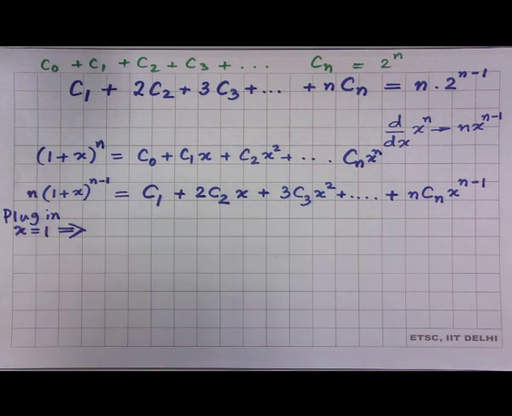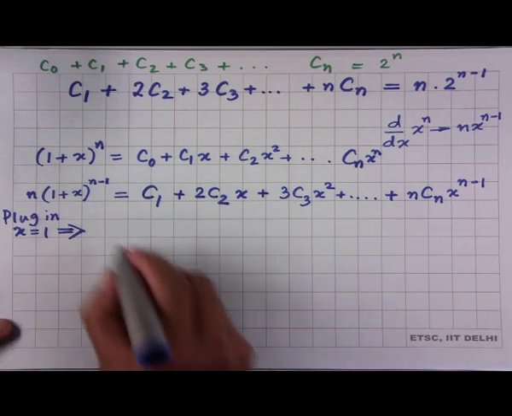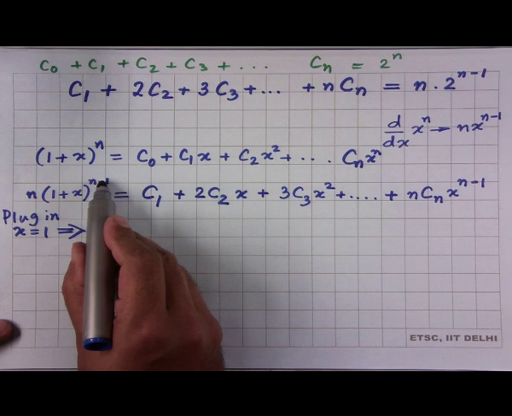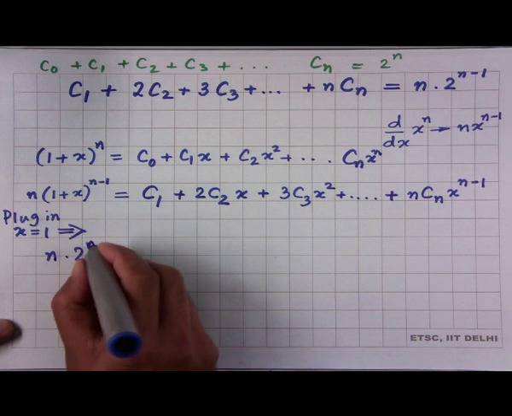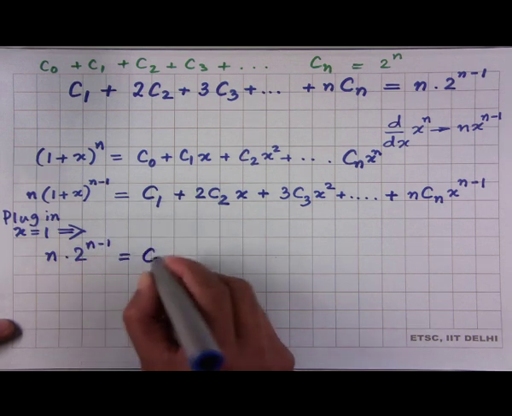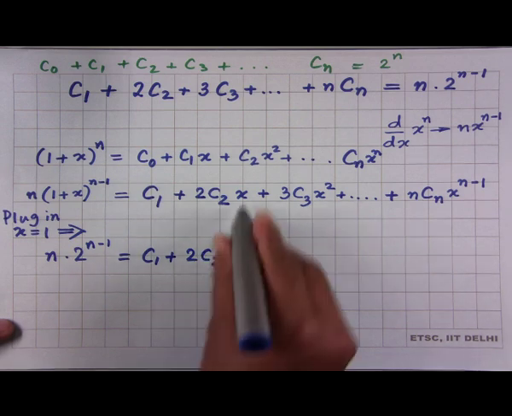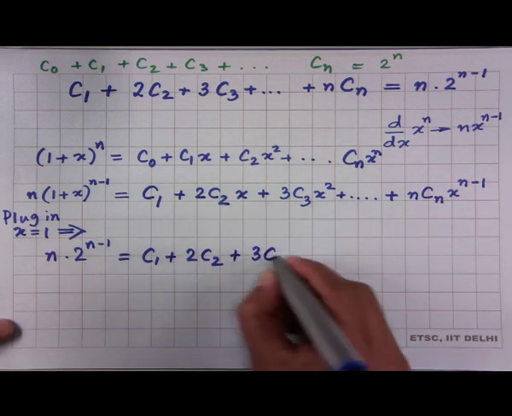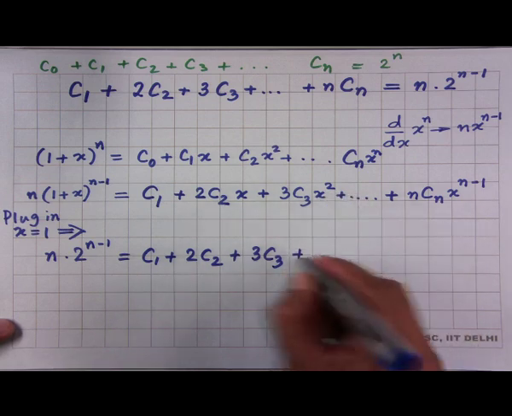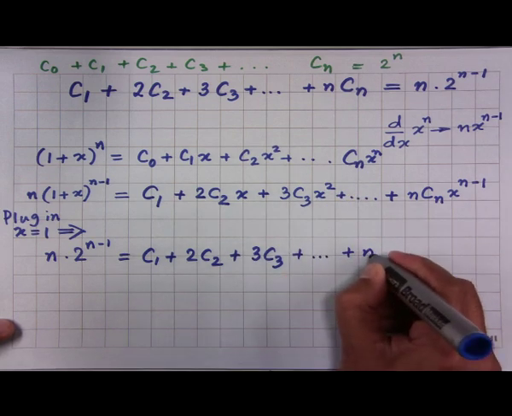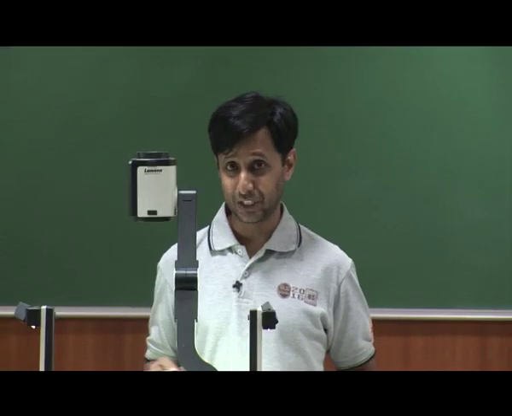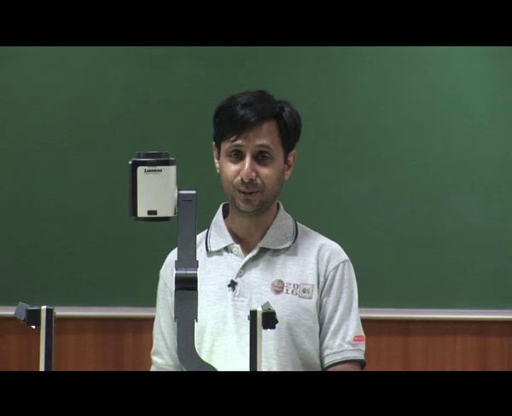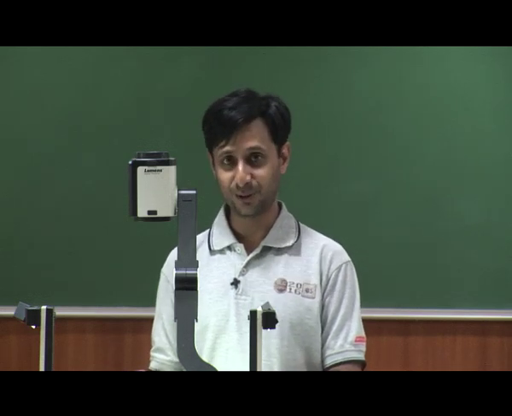So, plug in x equal to 1, you get 2 power n minus 1 times n, and that is equal to C 1 plus 2 C 2 times 1 plus 3 C 3 times 1 squared. All right. So, was that nice? If you had not done the differentiation, you would have been roaming around with this problem.